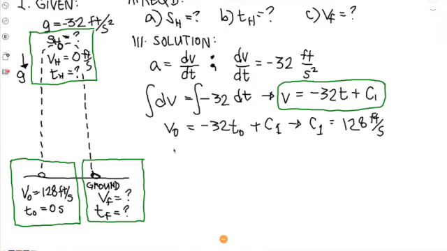So our velocity at any point in this motion would just be equal to negative 32 t plus the initial condition 128 feet per second.